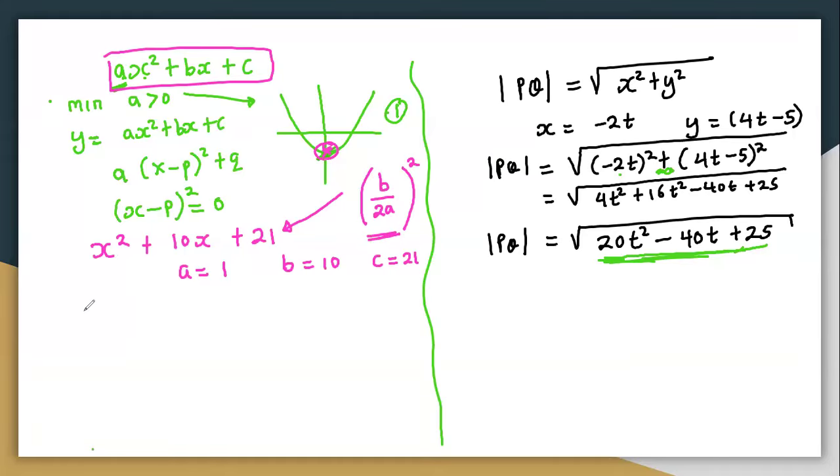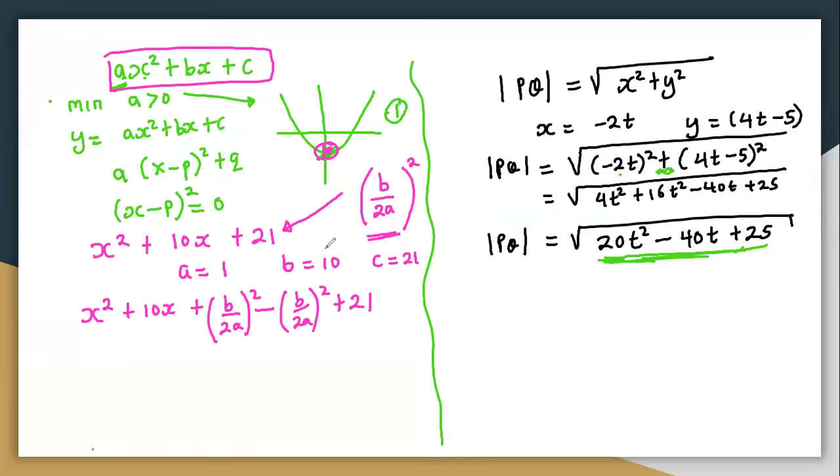So I'm going to come and say this is x squared plus 10x plus, I'm going to put here my b out of the 2a, everything squared, minus b out of 2a, everything squared. I add on the 21. Now, this is what is going to help us to complete squares. And when you look at our equation, I have not changed anything. You add b out of 2a, everything squared, subtract b out of 2a, everything squared.